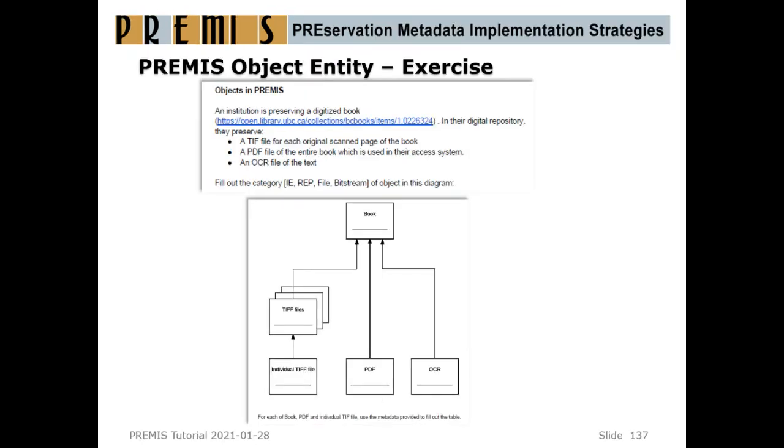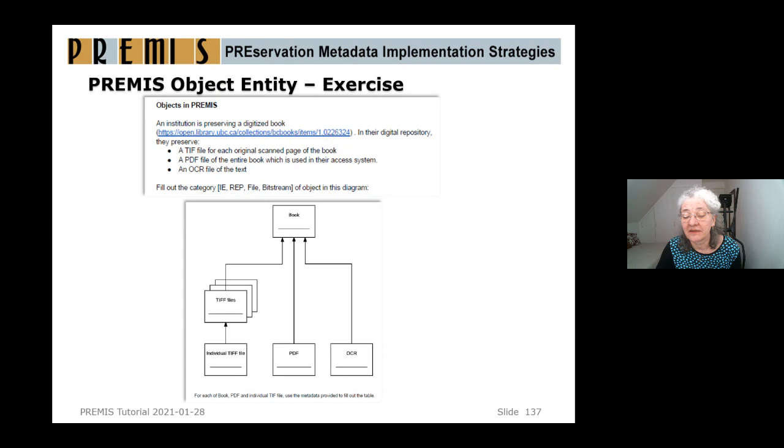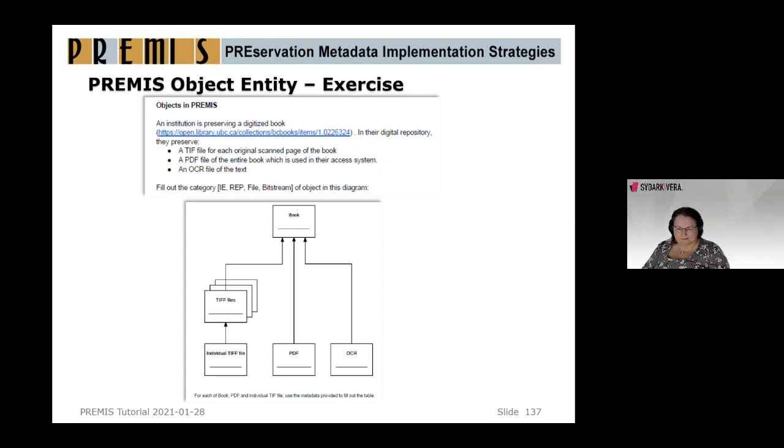But they're missing layers, it's only representation, or the intellectual entity. It can be modeled different ways because there can be intellectual entities for the files, but they can also refer to the book. So there are different ways. What are your comments, Micky?